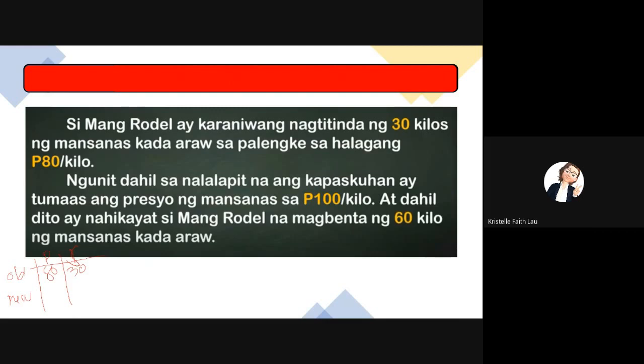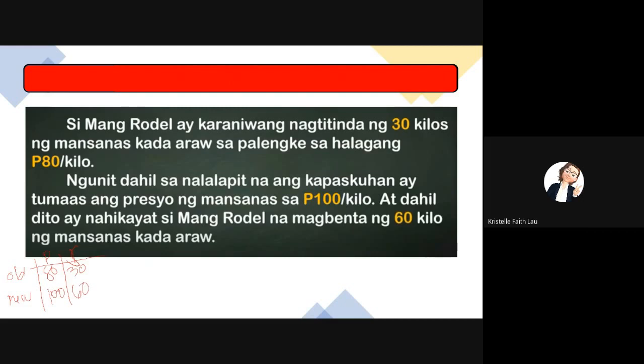Then, ngunit dahil sa nalalapit na Kapaskuhan ay tumaas ang presyo ng mansanas sa 100 per kilo. So this is the new price, 100 per kilo. At dahil dito ay nahikayat si Mang Rodel na magbenta ng 60 kilo. So this is the new supply ni Mang Rodel.